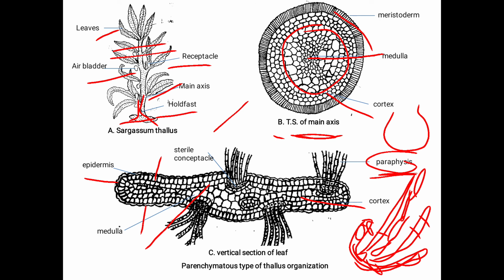These facilitate the uptake of the nutrients from the seawater. This is regarding the structure of the vertical section of leaf in Sargassum. This is regarding the parenchymatous form.